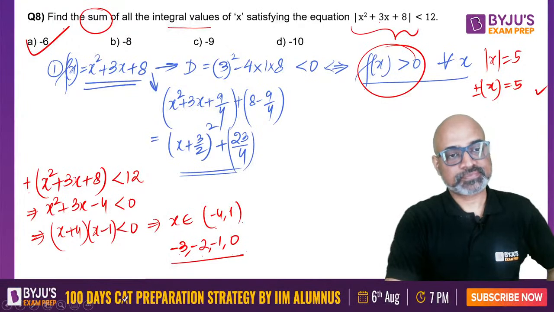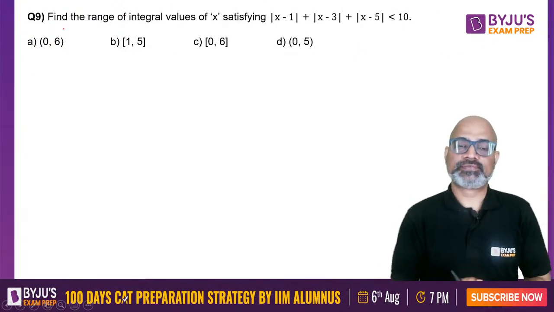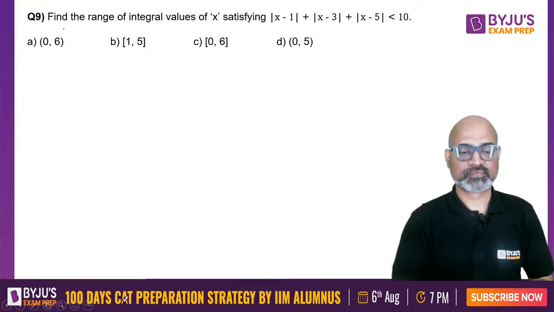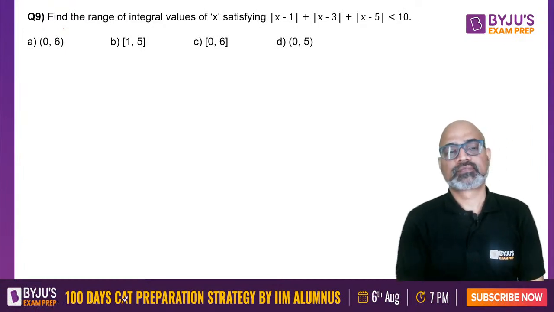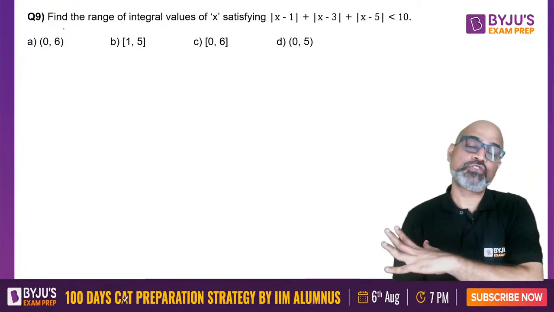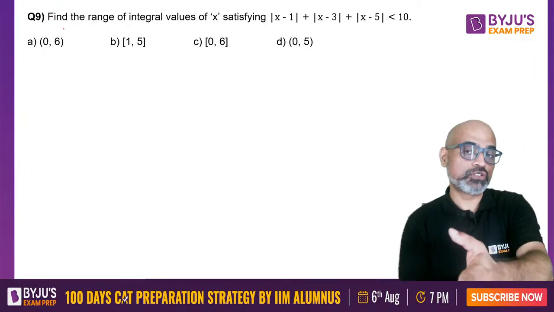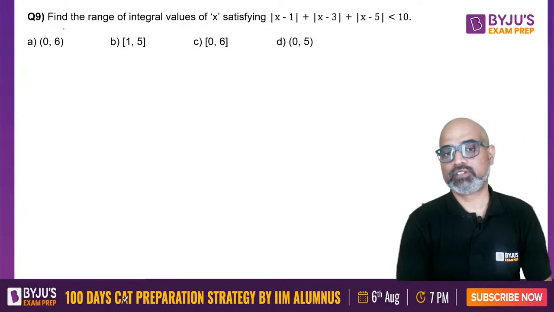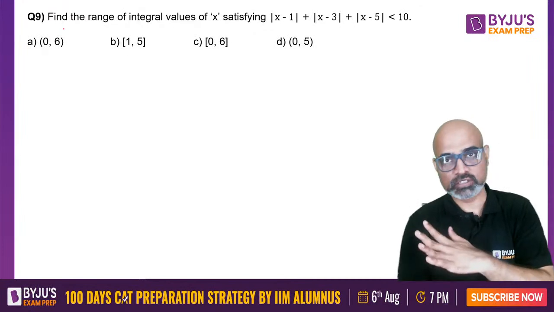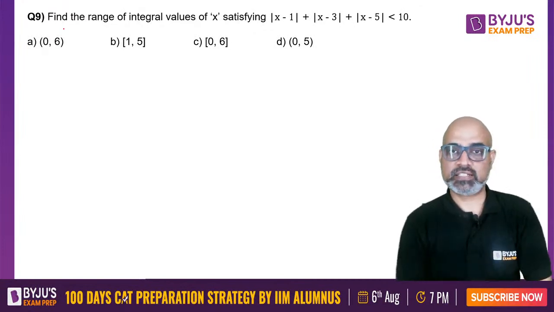Okay, next one, 9th. Very easy. You have to find the range of integral values of x that is going to satisfy this given inequality. You have got the sum of 3 mods in x should be less than 10.